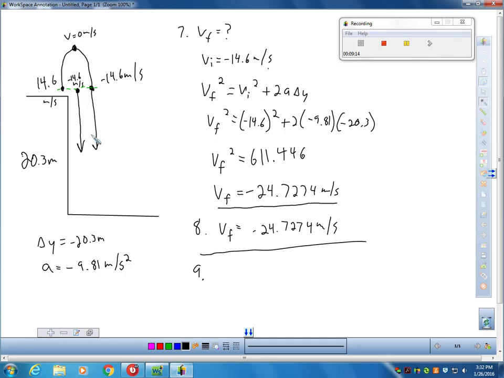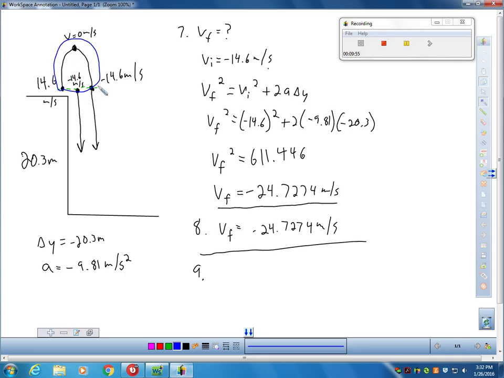So this part of the trip is identical for them. And so the time difference is actually going to be this part of the trip that I've just circled in blue. And so that is going to be the part that we need to check for the first ball in order to know what the time difference is. The time for the first ball and the time for this part of the second ball's trip are the same. So the time difference is during this part of the trip for the first ball that I've circled in blue.